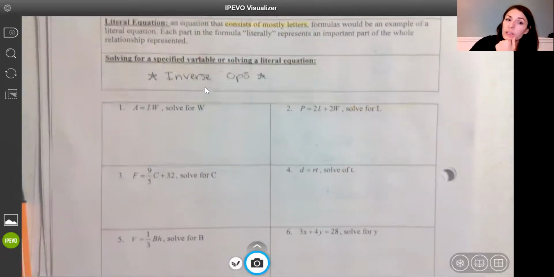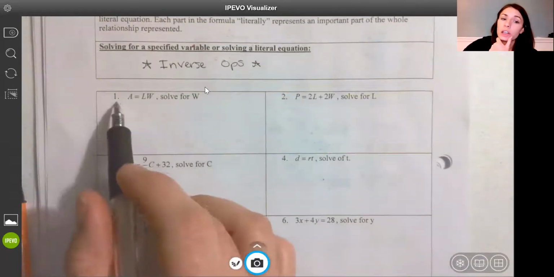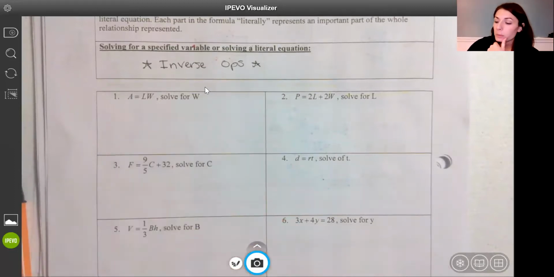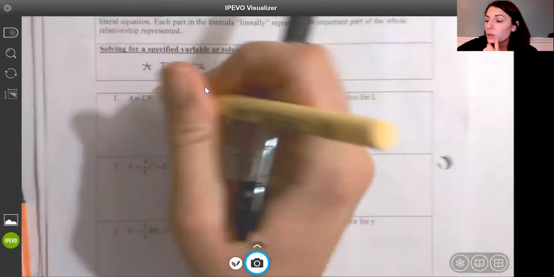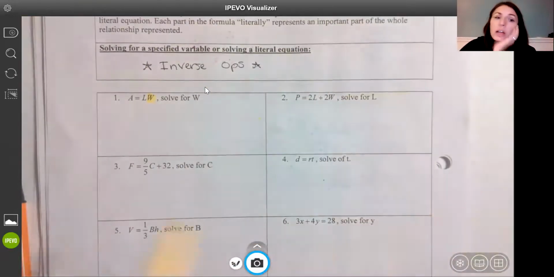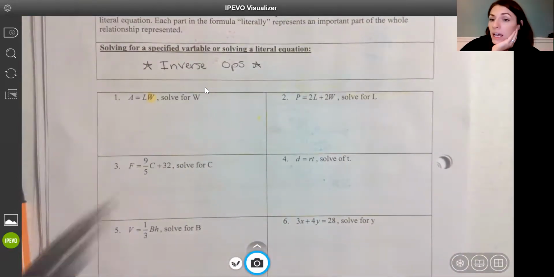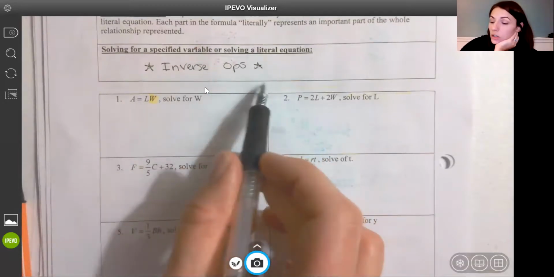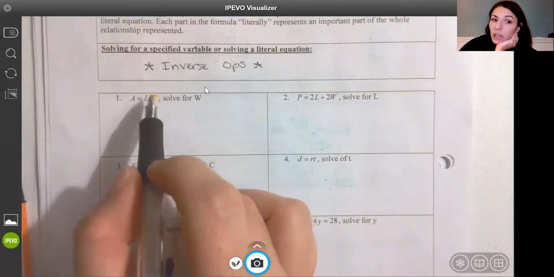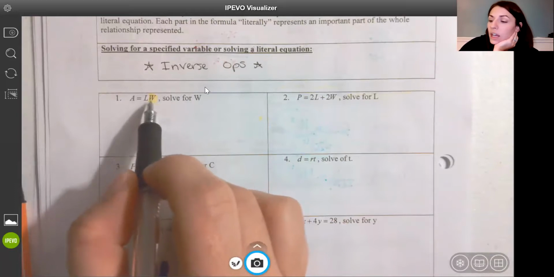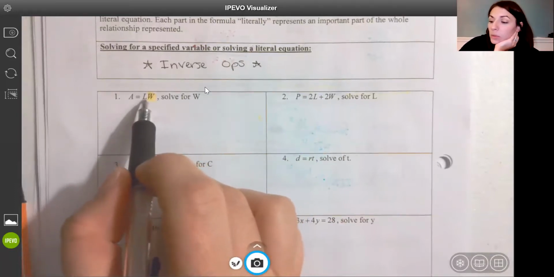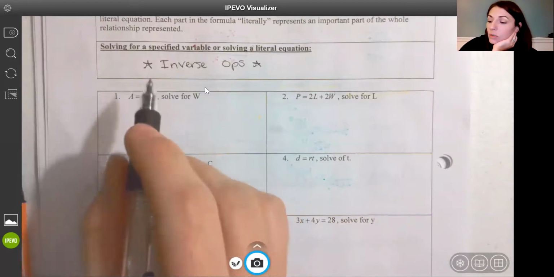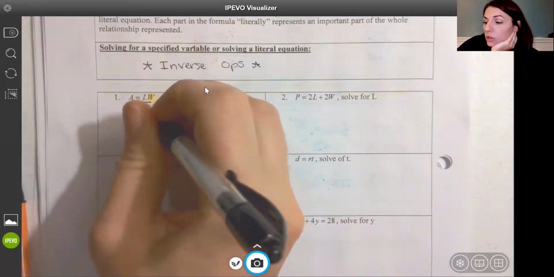So, for example, here's an equation: area equals length times width, and we want to solve for W, which means we want to isolate this part of that formula. To do so, it's about inverse operations. To get W by itself, right now W is being multiplied by L, and the inverse of multiplying would be to divide.